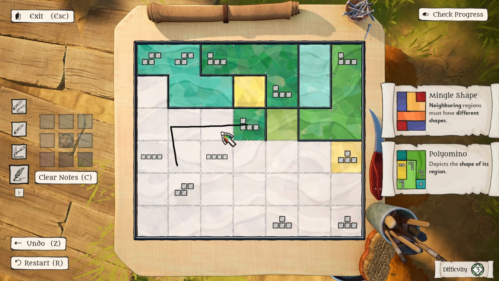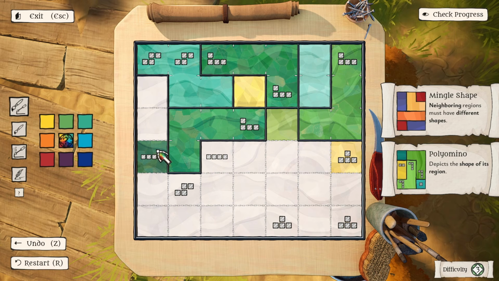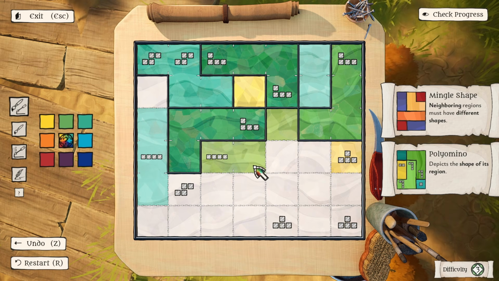It's that then. Now this is 4 long, and it must take both of those. We'll see what else it does later. This one is that.